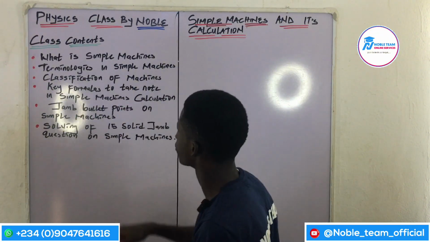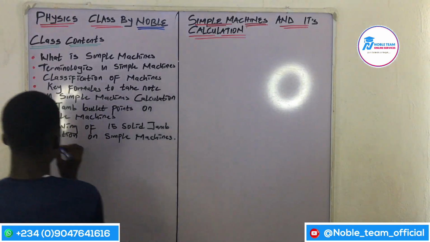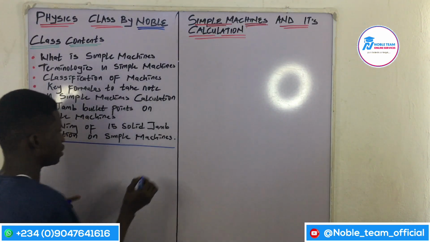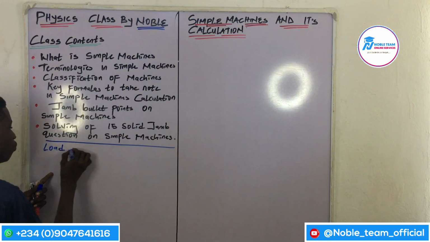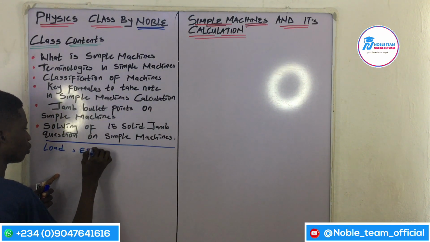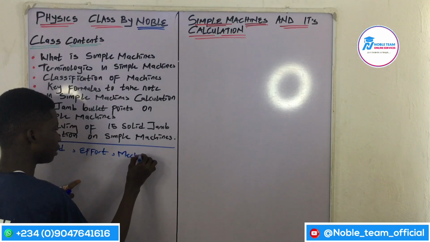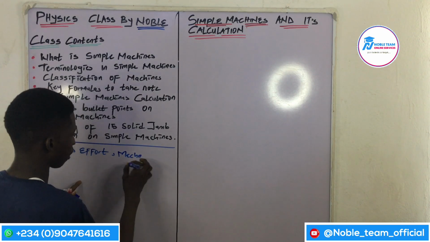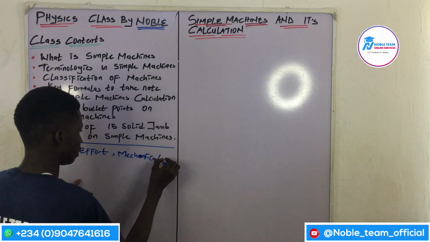Now once we talk about simple machines in terms of terminologies, we have number one, the load. We have the effort. We have the mechanical advantage.